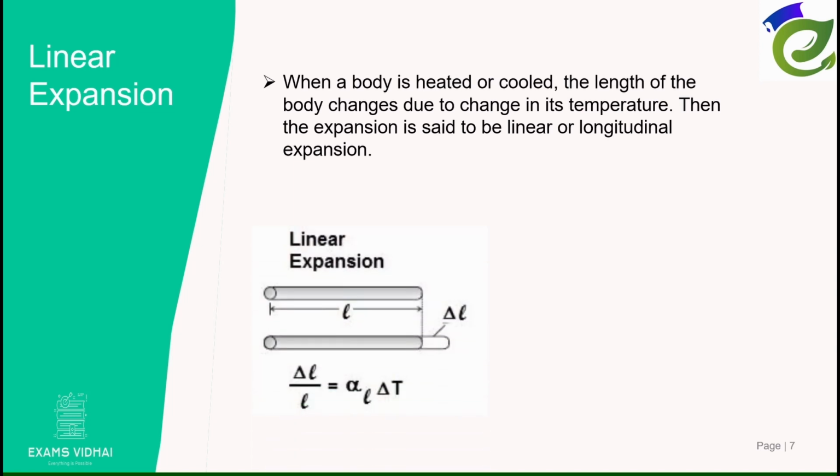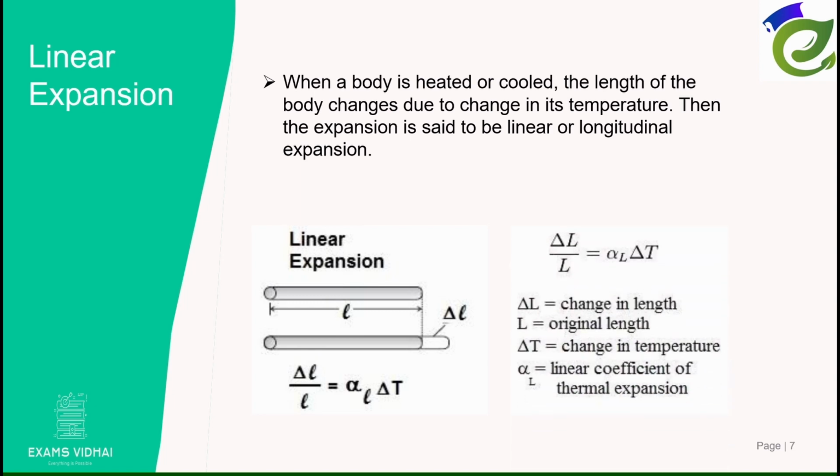This is the formula for linear expansion, where delta L is the change in length and L is the original length, and delta T is the change in temperature, and finally alpha L is the linear coefficient of thermal expansion. SI unit of coefficient of linear expansion is 1 by Kelvin. So with this formula we can find the linear expansion of the object.